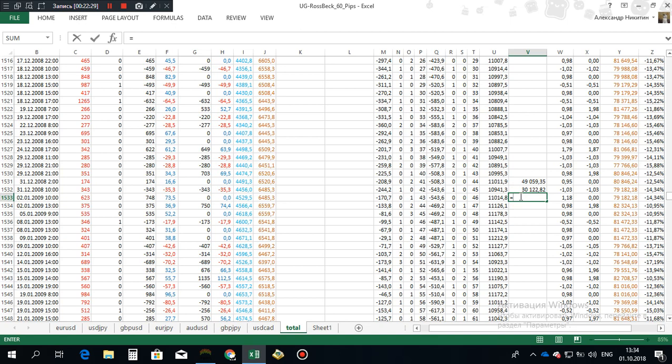Okay, it equals our old account plus half multiplied by our profit. Okay, let us format that. Done. Now we go next, 2009, after the crisis.